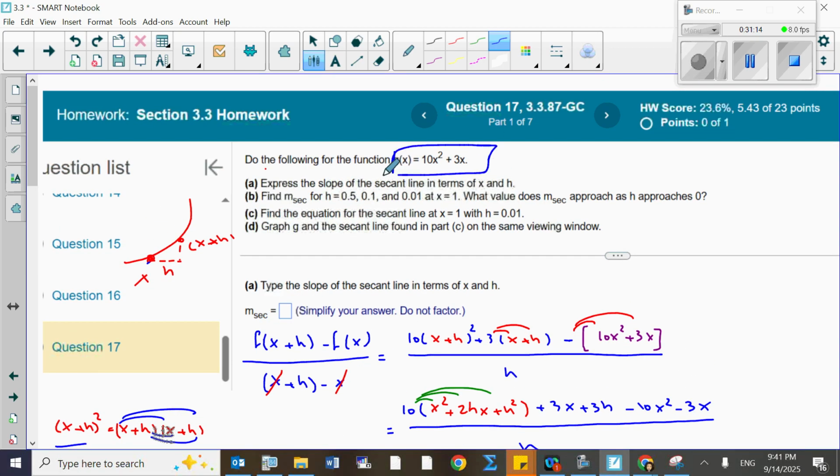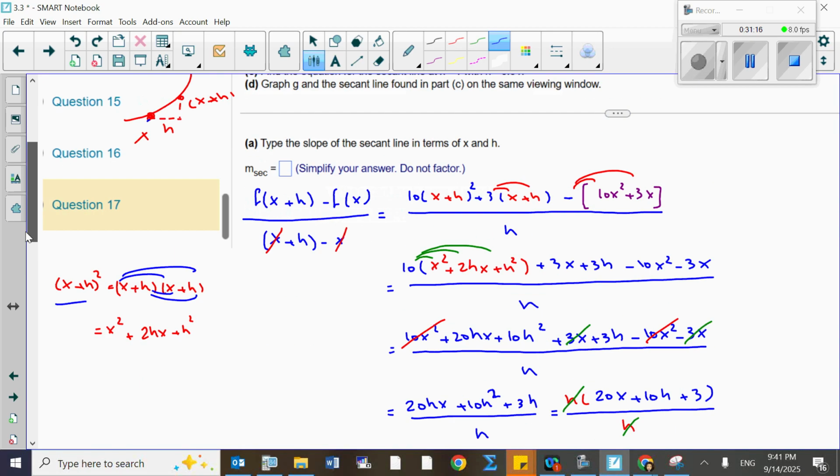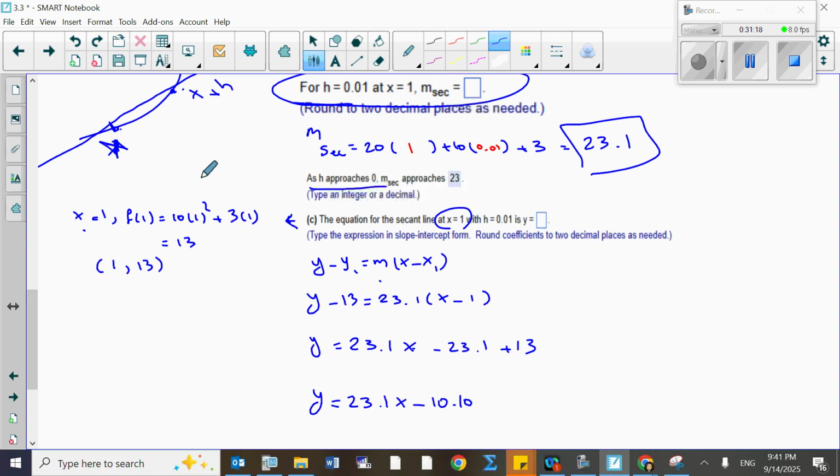You're going to replace that here: 10x squared plus 3x. So I'm going to write that here again. You replace that here, and you find the y value. So this is my x1 and y1. Now I have the slope. I have these two. I replace them here and solve to get the equation of the line.